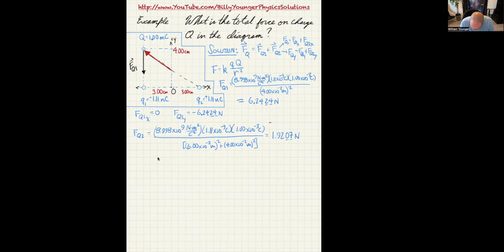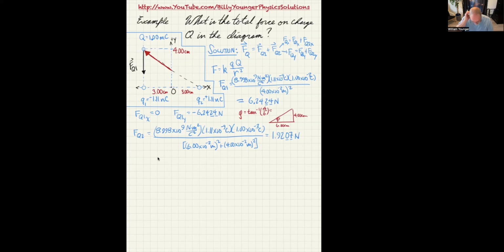For instance, I'm going to say this is 6.00 centimeters, and this is 4.00 centimeters, and this is the angle phi, say, and phi is equal to the tangent inverse of opposite over adjacent, so that's 4/6.